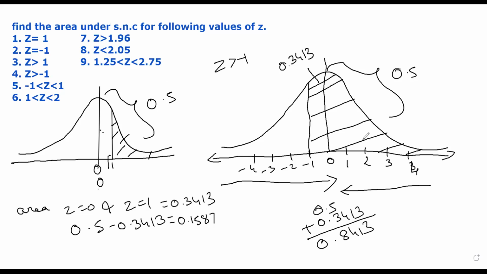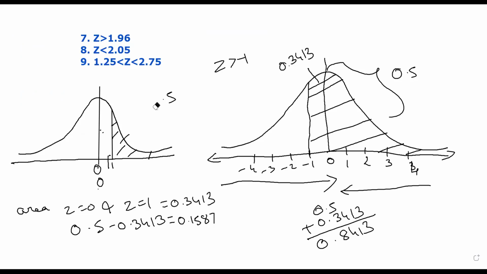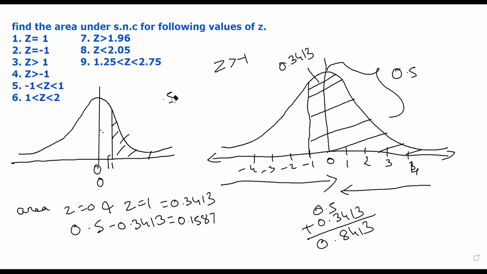Okay. Now the next concept. I want area in between -1 and +1. So let us find out the area between -1 and +1. Now see, suppose this is z is equals to 1.